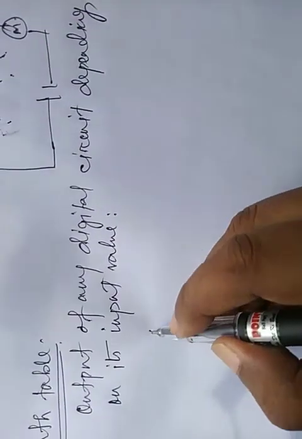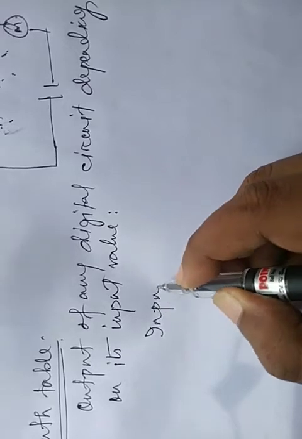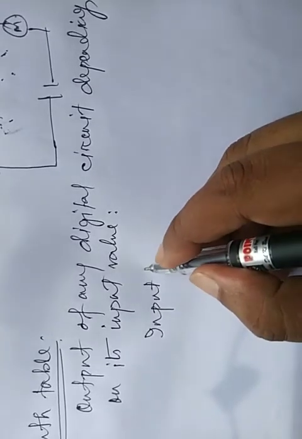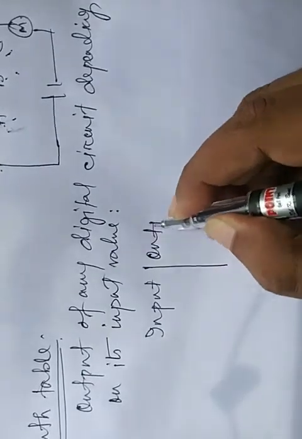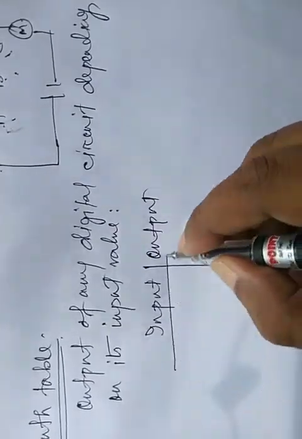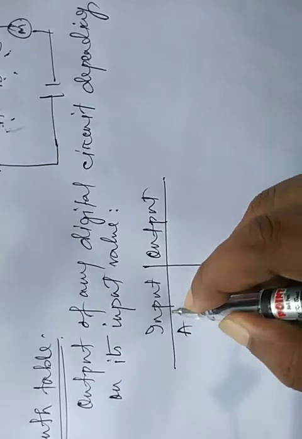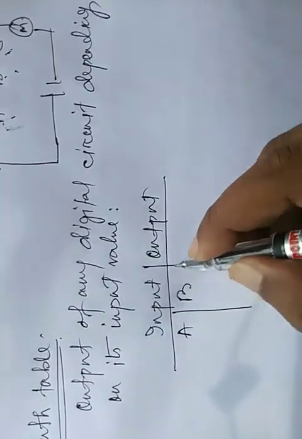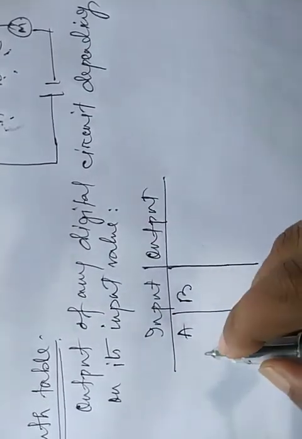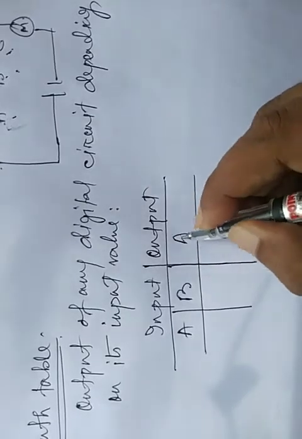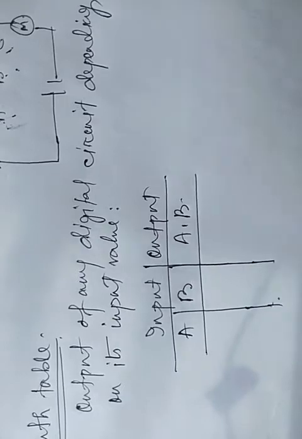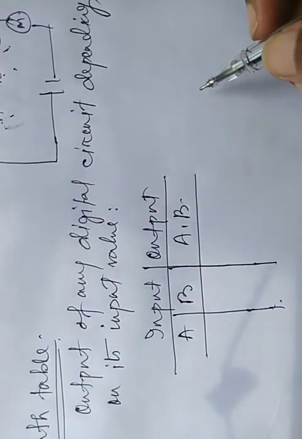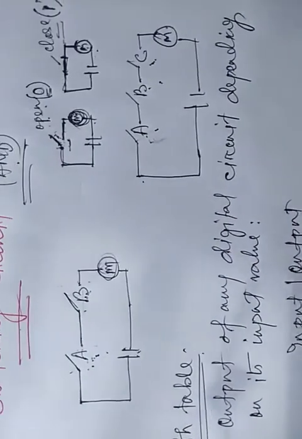So for the truth table, there is input and output. For input, there are 2 values A, B, and for output we know that the output is A dot B for the AND operation. Now, what will be the condition?